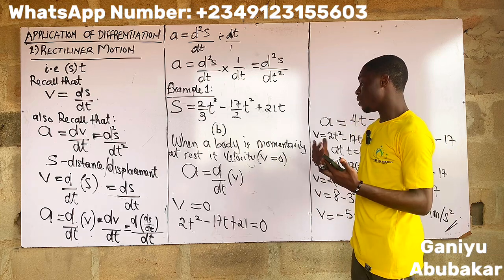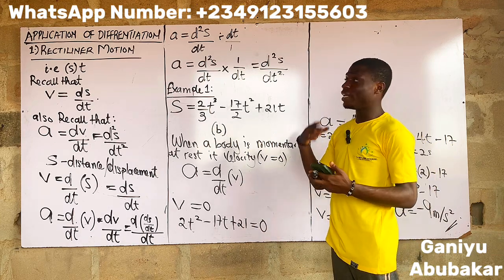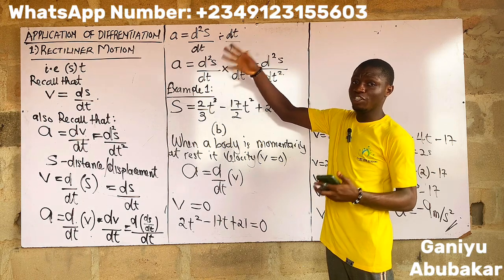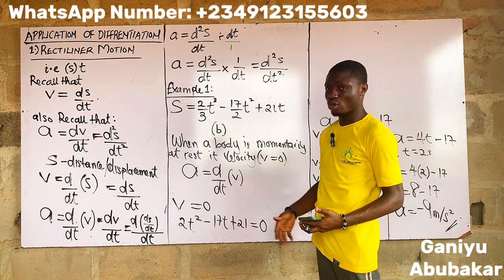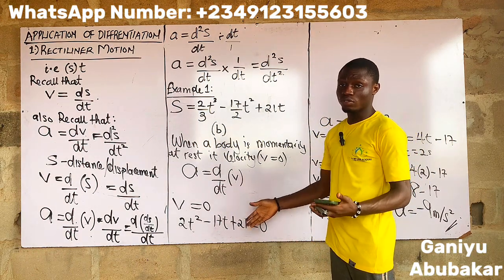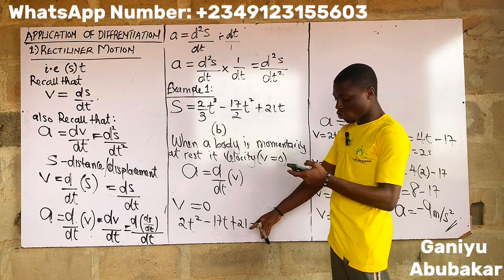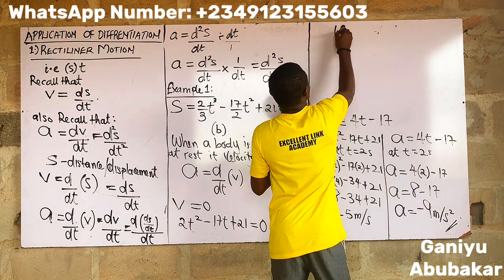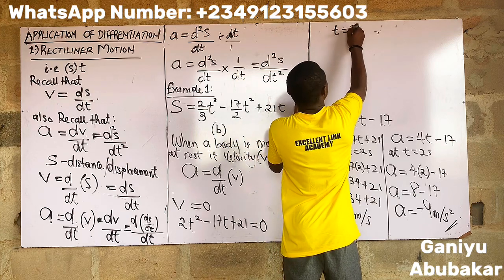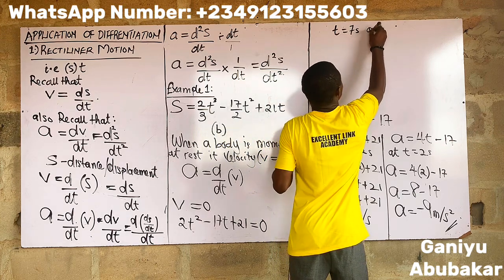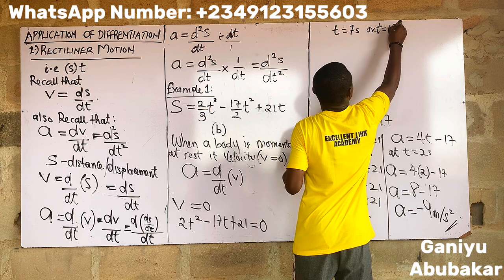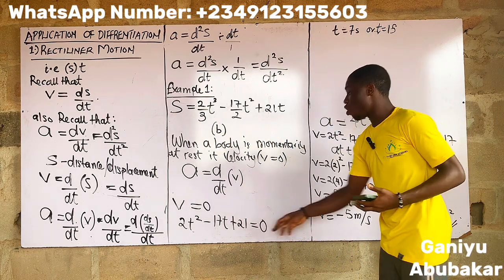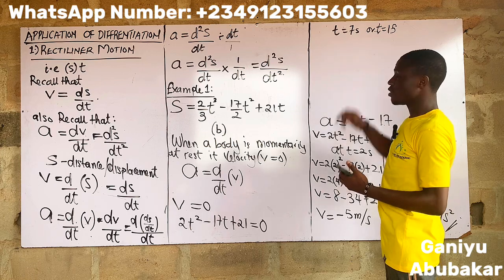If you don't, I'll drop a link above for a video that explains the concept of quadratic equation. So my answer here, if I solve this correctly, is t equal to 7 seconds or t equal to 1.5.